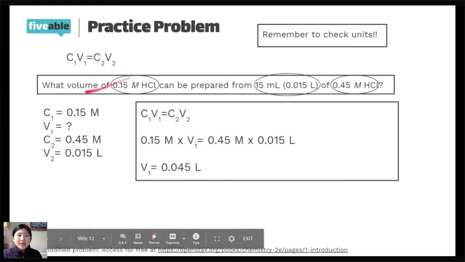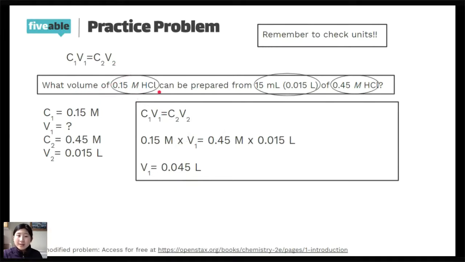All right, so that is the volume of 0.15 molar hydrochloric acid that we can produce. This is very useful when you want to find how much volume of this acid you have at a different concentration. If we start off with this much, and I want to change the concentration, but I still have the same amount of acid molecules, then the volume has to change.